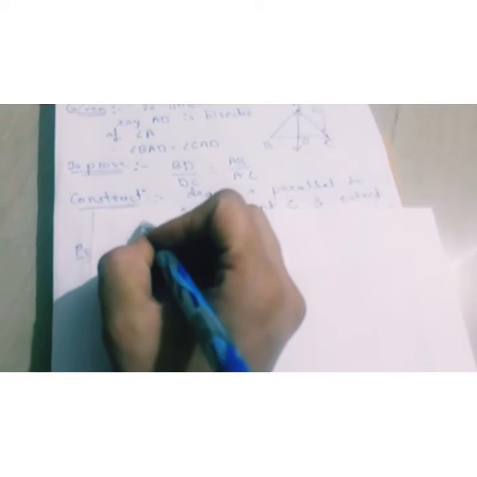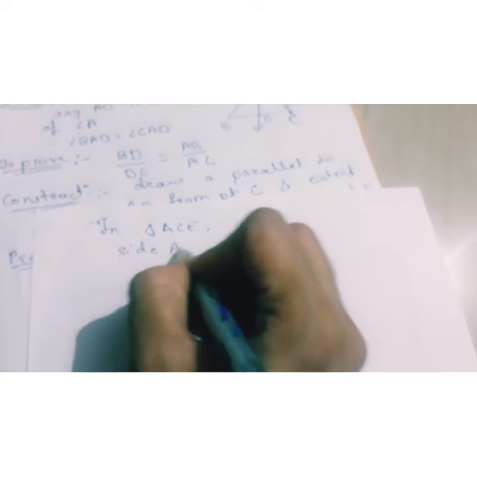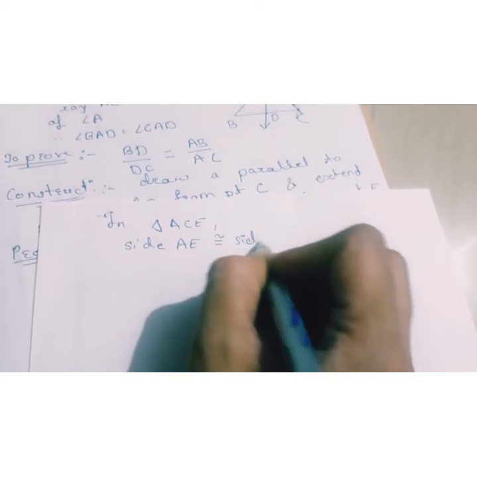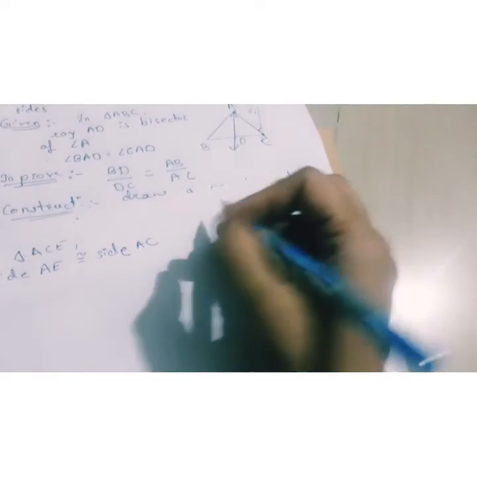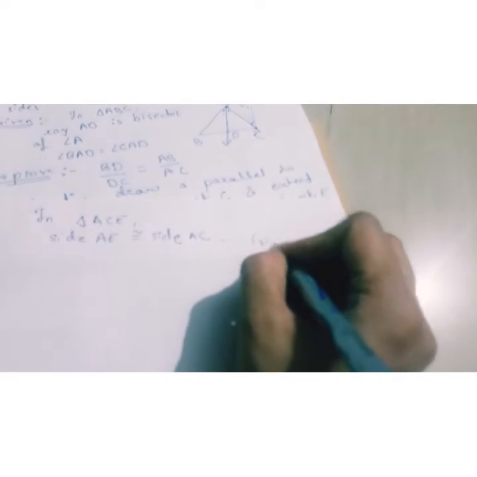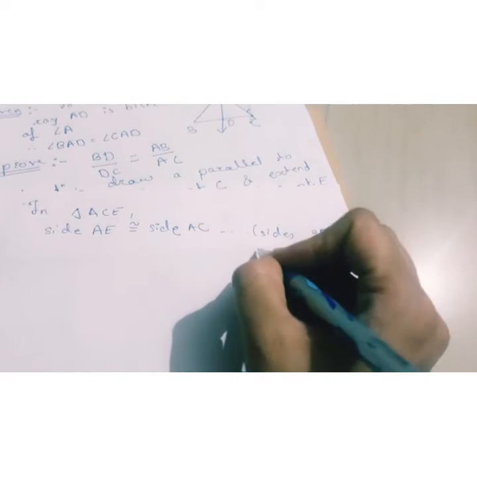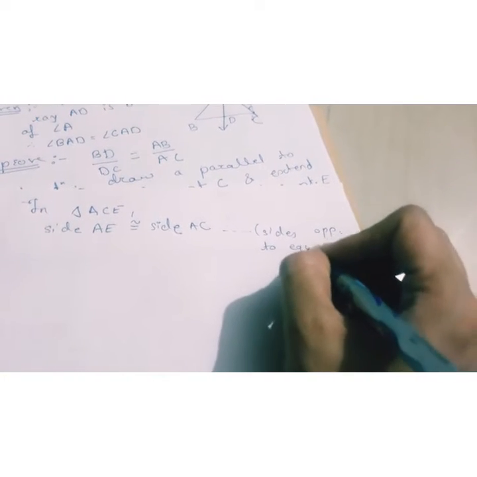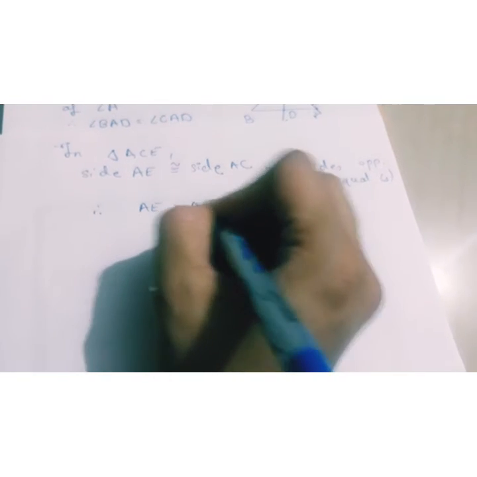Now in triangle ACE, the two angles are equal, so I can say that side AE is congruent to side AC. How? Sides opposite to equal angles are also equal. Therefore, AE is equal to AC, and give it as equation number 4.